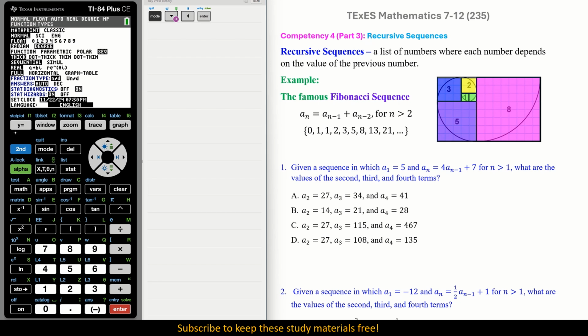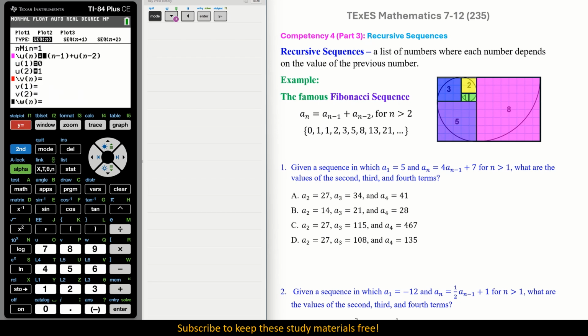From here, you can back out, but I'm just going to go to my y equals. And there we go. I already had some stuff I've been playing around with, so let's clear that out. What you do is actually enter the given, whatever that given is. But there is an art to entering it, okay? So we need to put in 4.